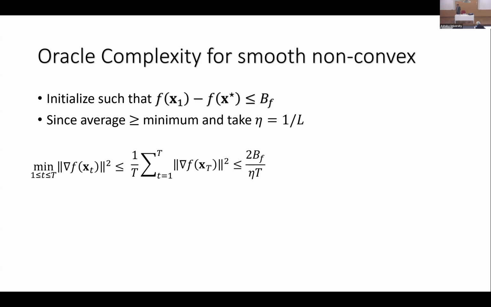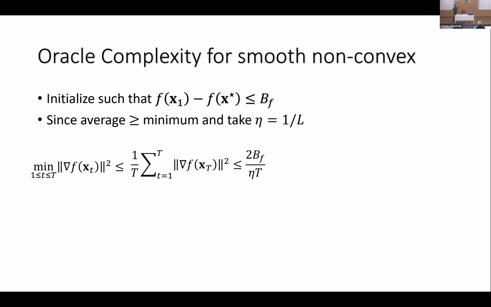The only properties I have used are smoothness, the fact that it is initialized not too far, and the fact that eta is not too large. Those are the three things I've used. And I'm saying that the minimum value of the gradient from 1 to t, wherever it is minimum, it could be larger in between or smaller in between, I'm guaranteeing that this minimum value is decreasing with t as 1 over t.